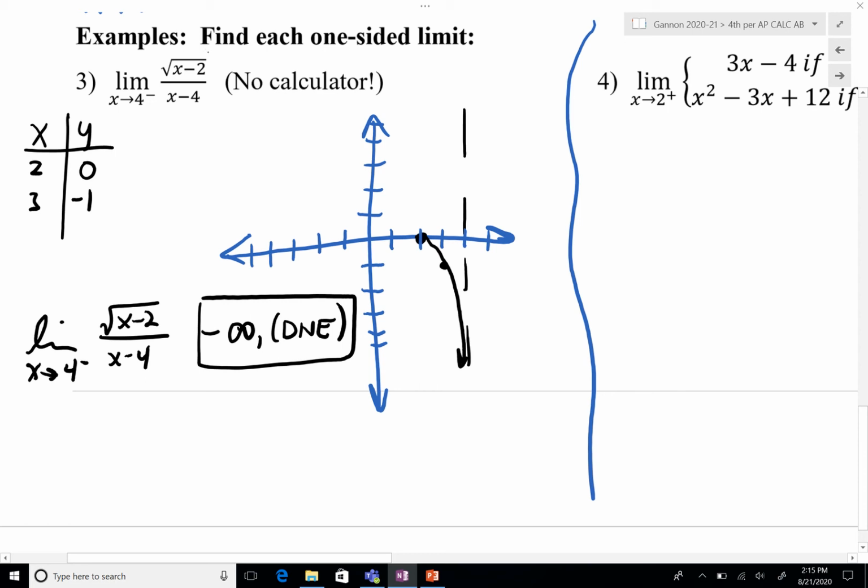You cannot have negative values underneath the square root, which means that the domain of my numerator is going to restrict the domain of this function. Only values that are 2 or larger can be within the domain. So there would be no points to the left of this point right here at 2, 0, so we wouldn't need to worry about anything beyond there.